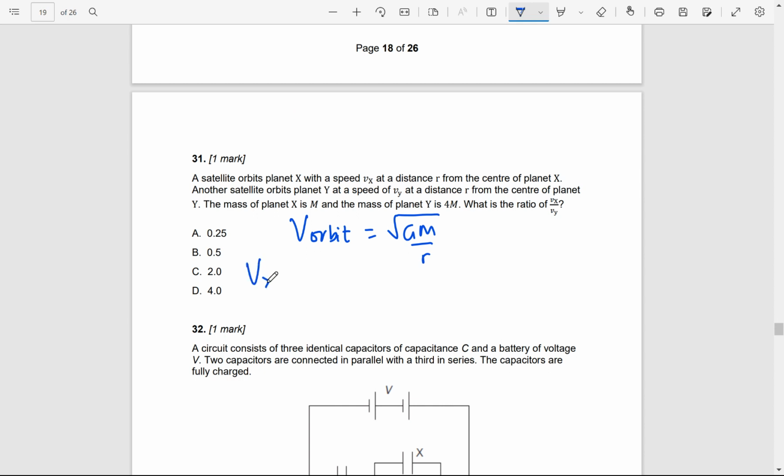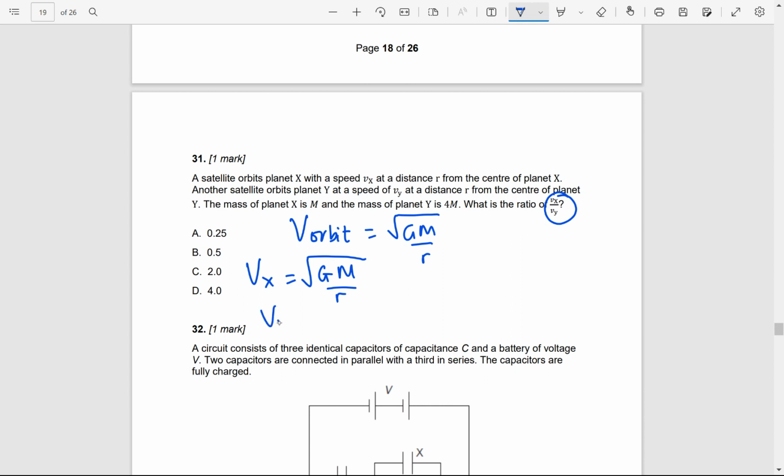So let's have a look at what's going on. We need to know Vx over Vy, so let's work out what each one is. Vx equals root GM over r, since planet X has a mass of m and it's orbiting at a distance r.